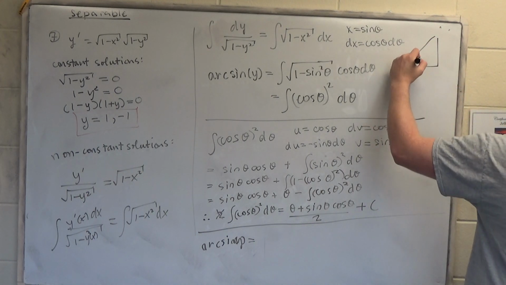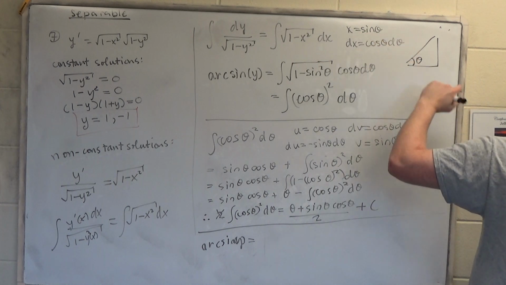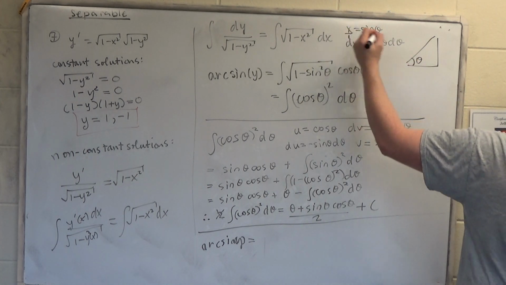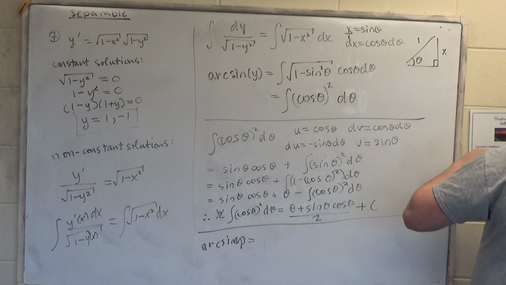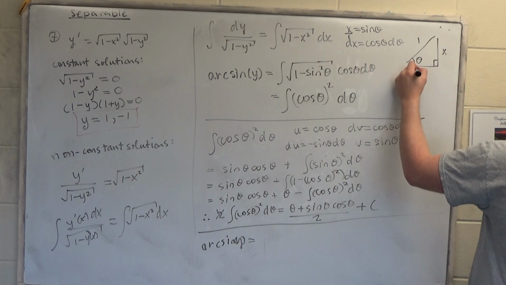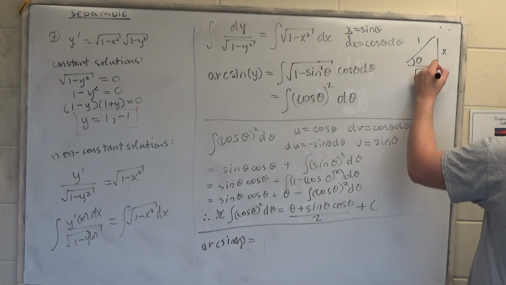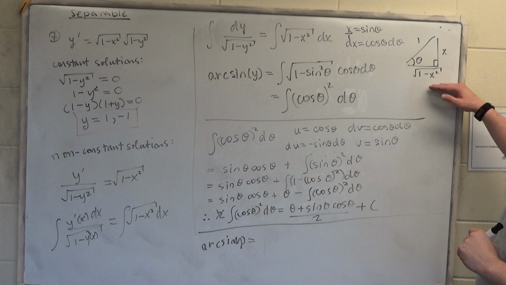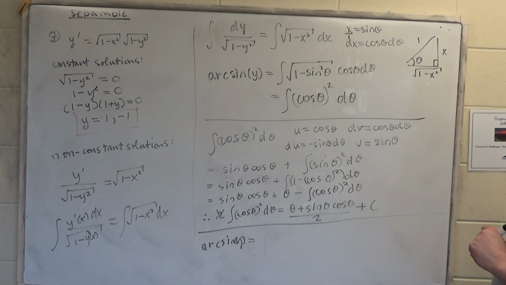I want to draw theta, and I know the sine of theta is the opposite over hypotenuse, and that's supposed to be x over 1. So opposite over hypotenuse is x over 1, and this leaves me with the square root of 1 minus x squared along the adjacent side from the Pythagorean theorem.